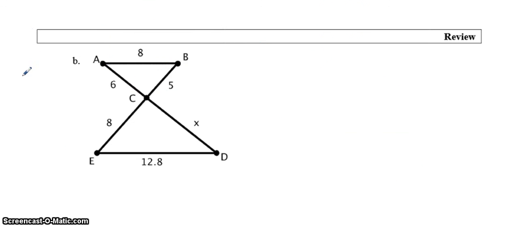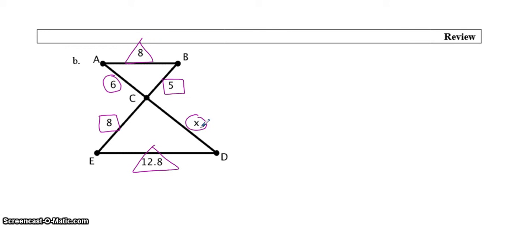Alright, moving on to question 3. With these triangles, what you want to remember is that they're almost kind of twisted. So X will go with the 6, not the 5. So it's like the opposite here because of Z patterns both ways. The 8 goes with the 5, and the 12.8 goes with the 8.